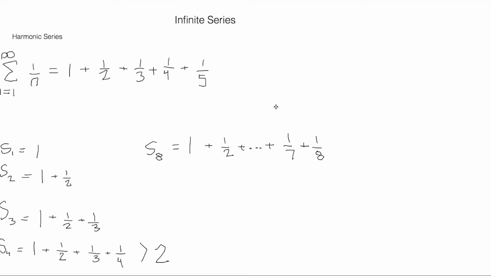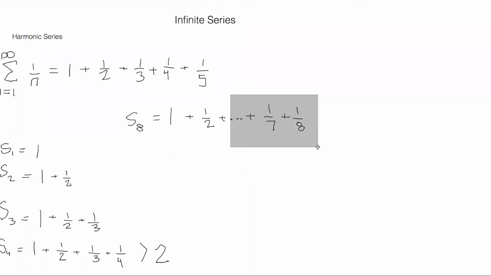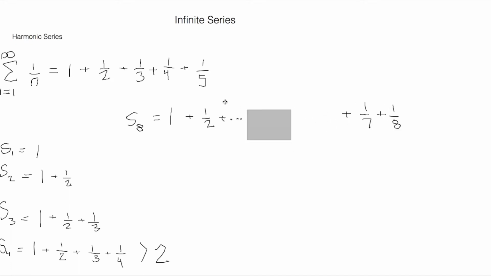I think I do actually want to expand this and write all of them in there. One-fifth, 1/6, and yeah, I think that's all of them. That's all we really need for the 8th partial sum.